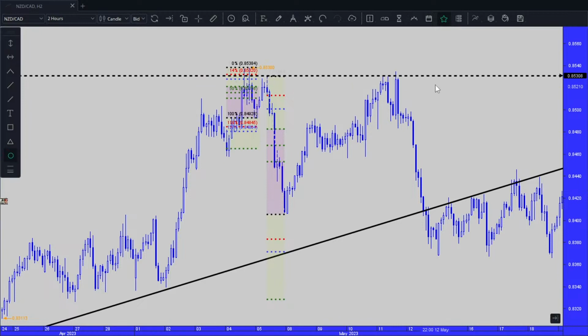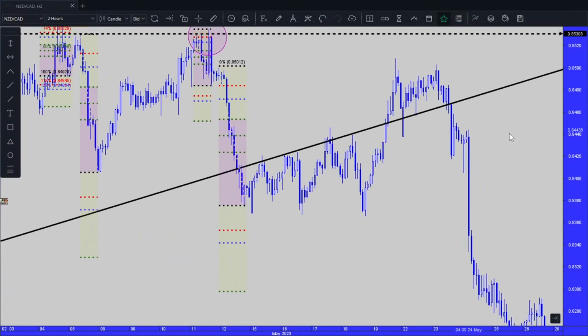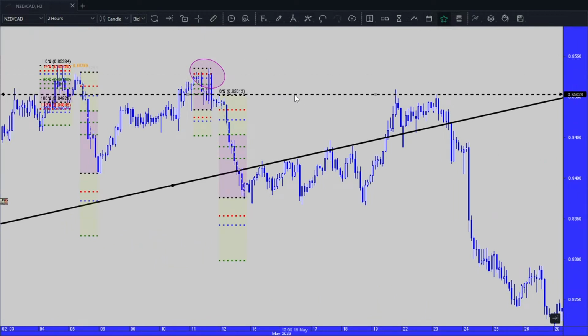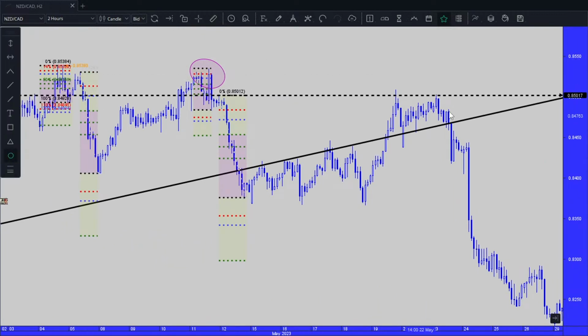We would be stopped out on the Fibonacci of the confirmation on the 2-hour chart up in here. So start again in here, green goes to green, start again in here, and we would be stopped out again on the Fibonacci of the confirmation in here.